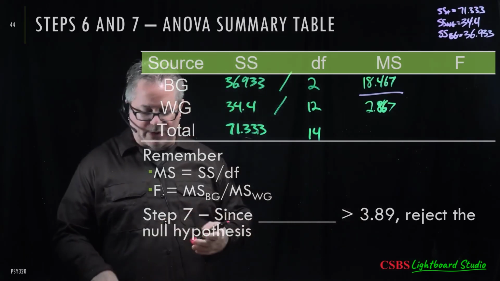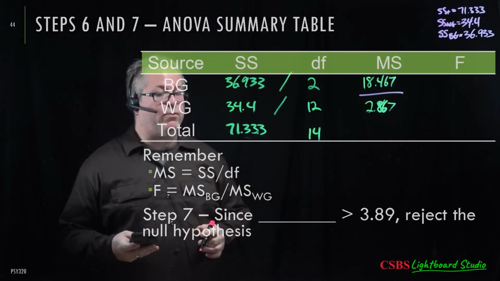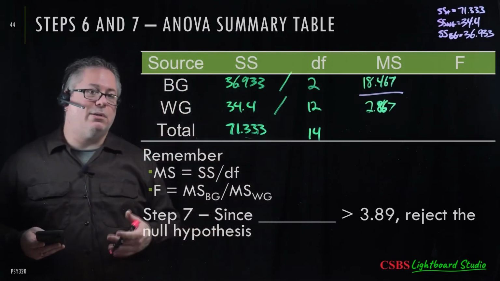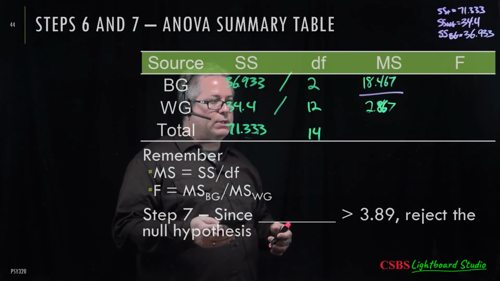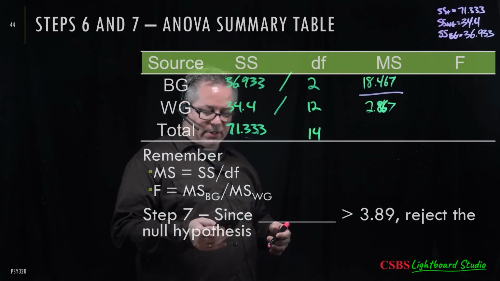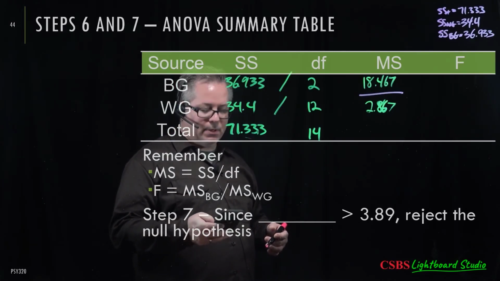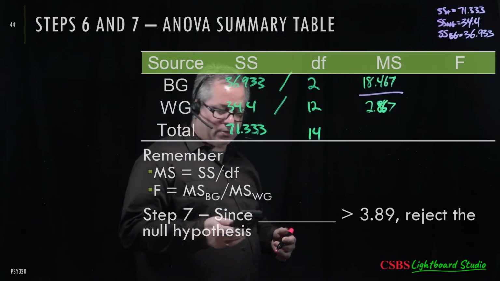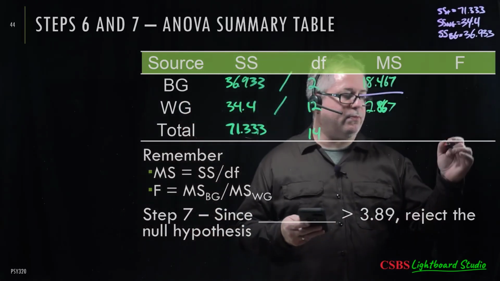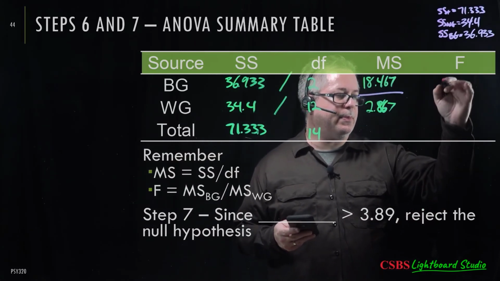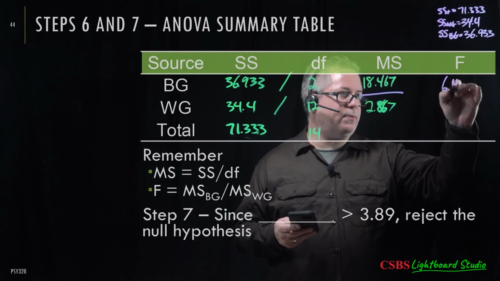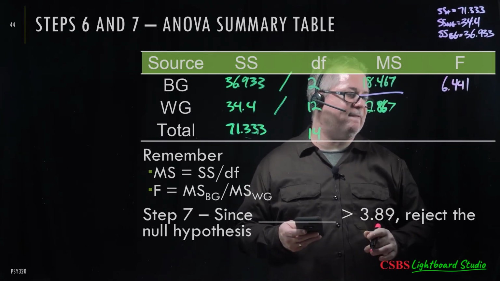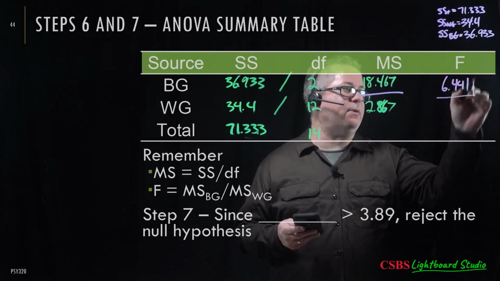Remember, my F ratio is my mean square between over my mean square within, so I can just divide those two. 18.467 divided by 2.867 equals 6.441. And that is my F value.